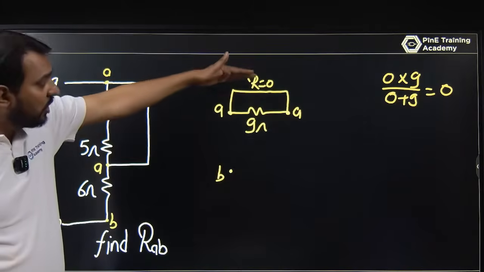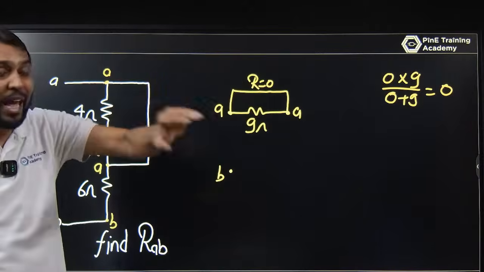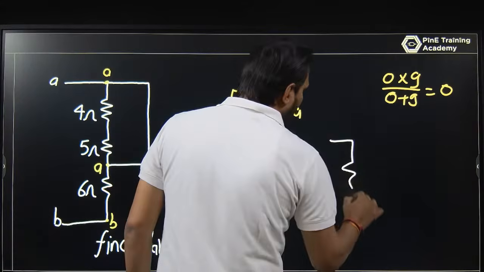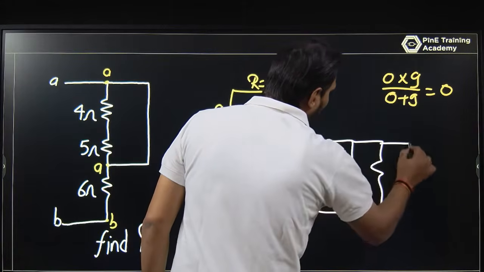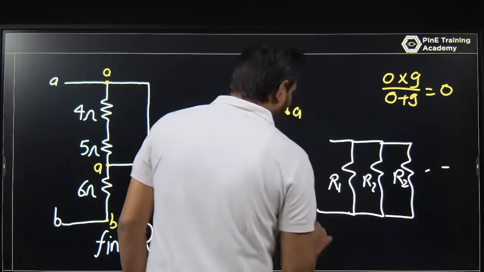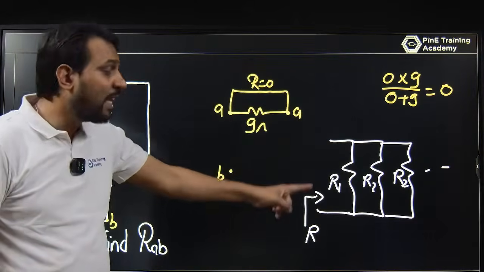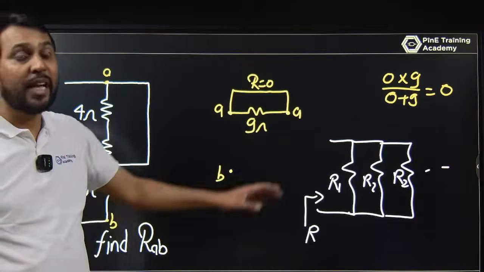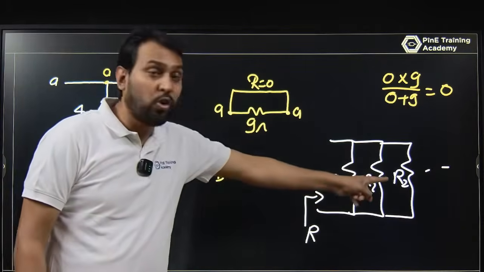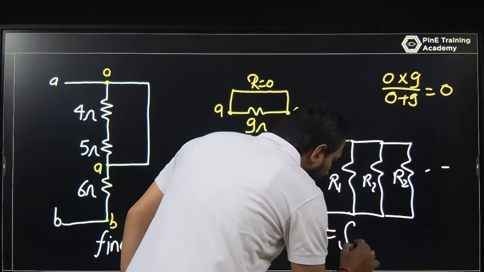Always remember, if you have parallel impedances, one concept is very important: let you have R1, R2, R3 or any value, the equivalent R should be less than or equal to the smaller value. Let R1, R2, R3 be 2 ohm, 3 ohm, 4 ohm. So that R will be a function of minimum.